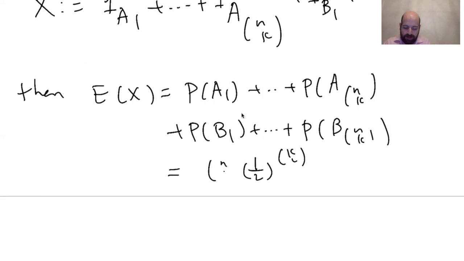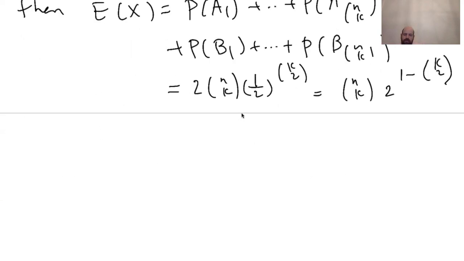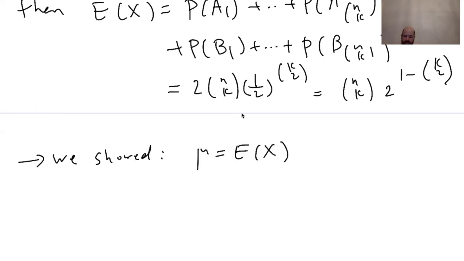We have n choose k of the Ai and again n choose k of the Bi. So 2 times n choose k times 1 over 2 to the power k choose 2. If we simplify this, it is n choose k times 2 to the power 1 minus k choose 2. So we showed that mu equals E[X], which equals n choose k times 2 to the power 1 minus k choose 2.